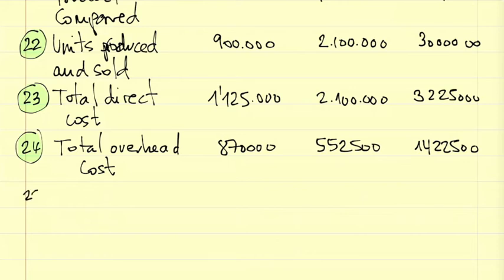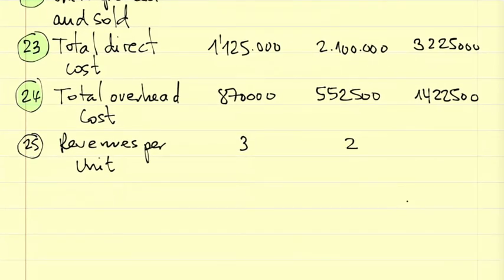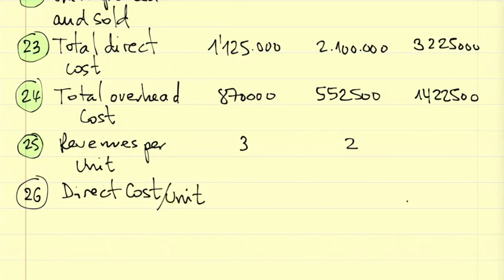We have revenues per unit of $3 and $2. We know this. All this information is already known. Okay, and now we have the direct cost per unit, which is just dividing 23 by 22.